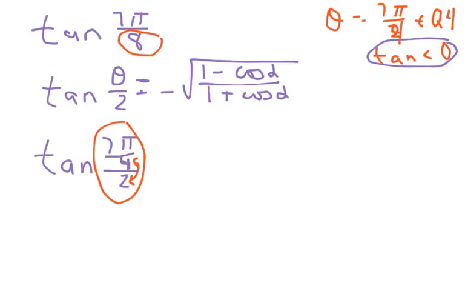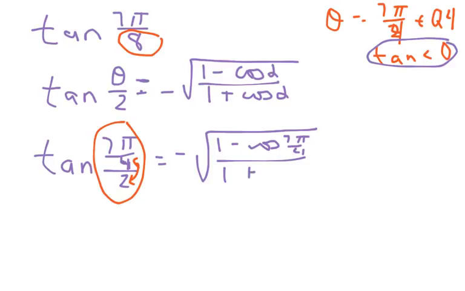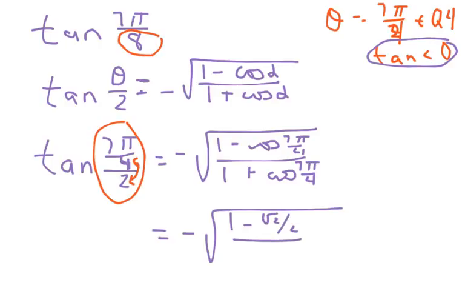So we just plug it in, and we have equals negative square root of 1 minus cosine of 7 pi over 4 over 1 plus cosine of 7 pi over 4, which equals negative square root of 1 minus root 2 over 2 over 1 plus root 2 over 2.